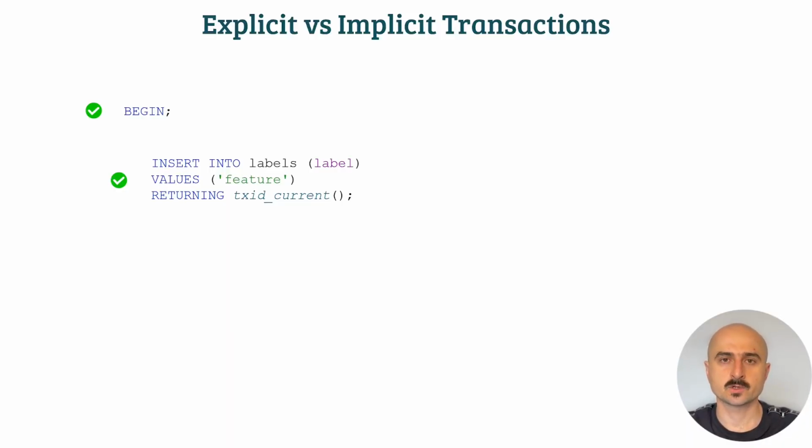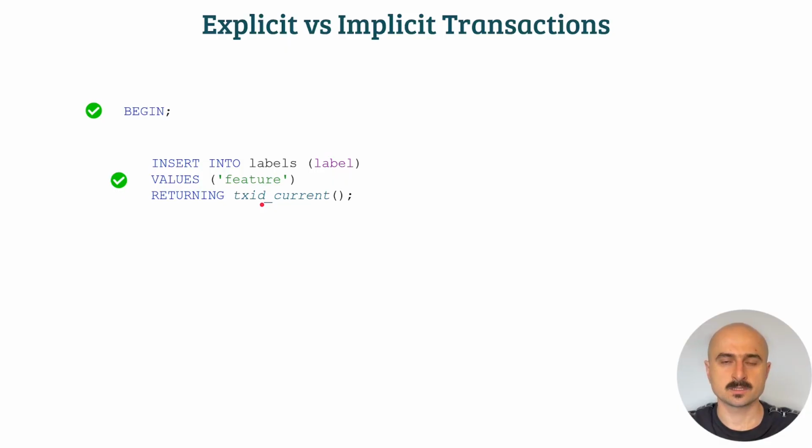But in PostgreSQL, we can also return some values back. Let's say you inserted a new row and you want an ID of that newly inserted row. Then, using the returning keyword, you can do that. In this case, we are returning back a txid_current function value.